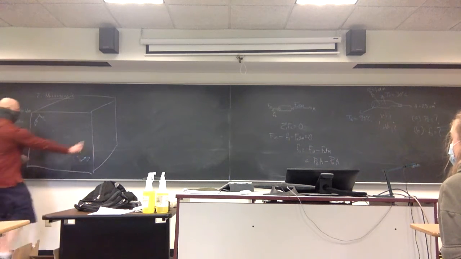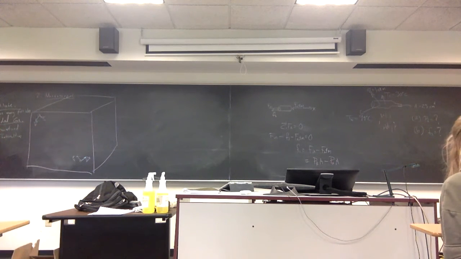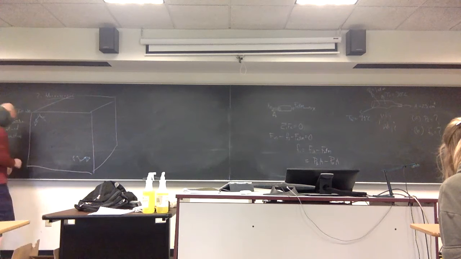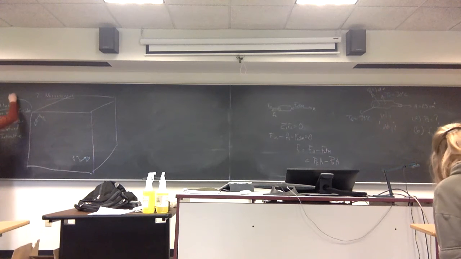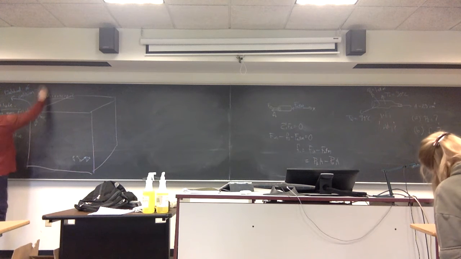Because this one's going to be bouncing around all over the place, and this one too. We're not going to get many collisions. So this is our other big thing about not many particles: the likelihood of collision is approximately zero.